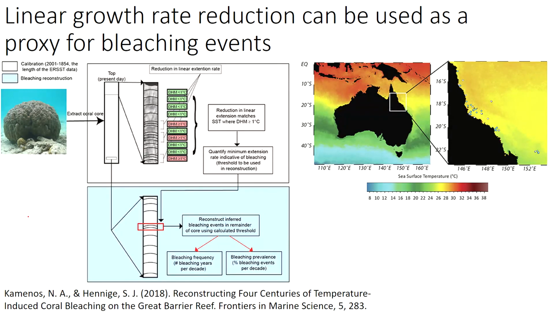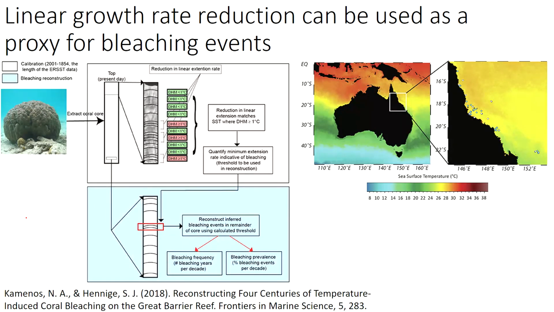In this case, rather than using degree heating weeks or degree heating days, they use degree heating months. So if it was effectively a degree warmer for a whole month, or a couple of degrees warmer for half a month, that would classify as a heat wave in this study. And they found that in those years which had heat waves in that region, the corals didn't grow as far.